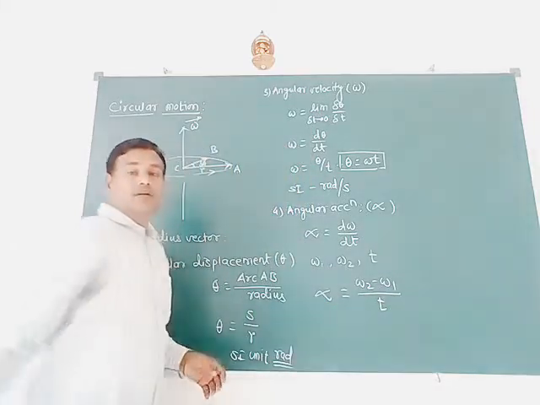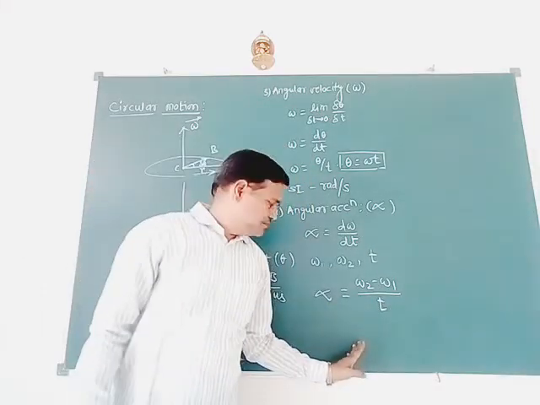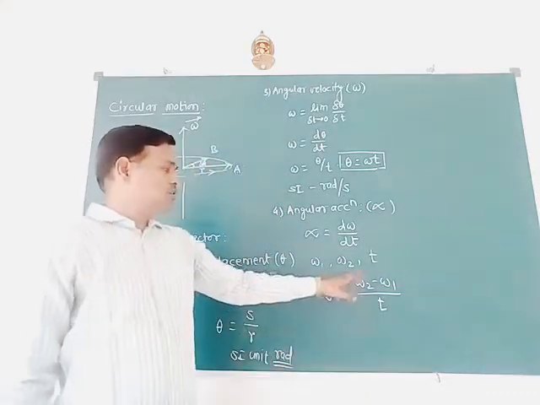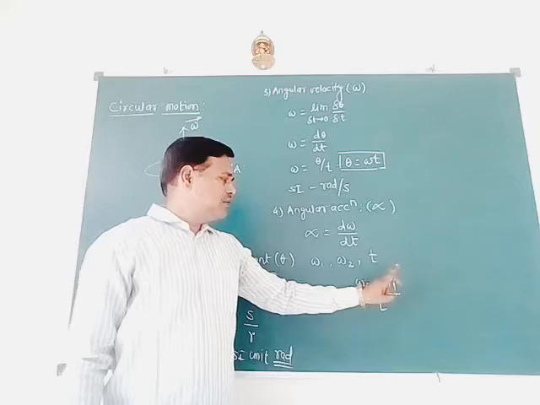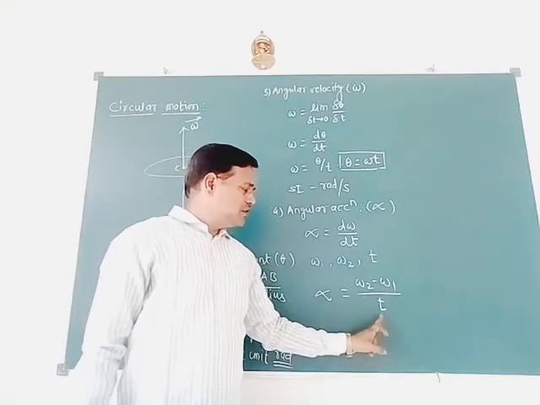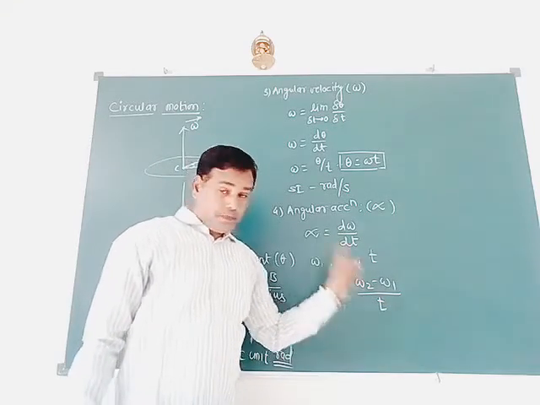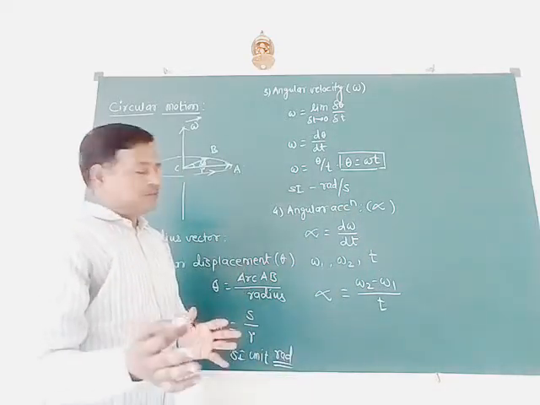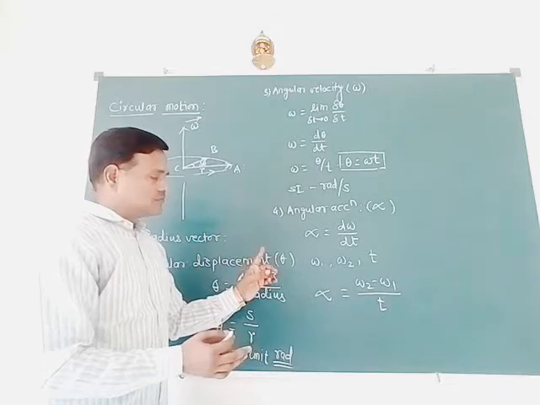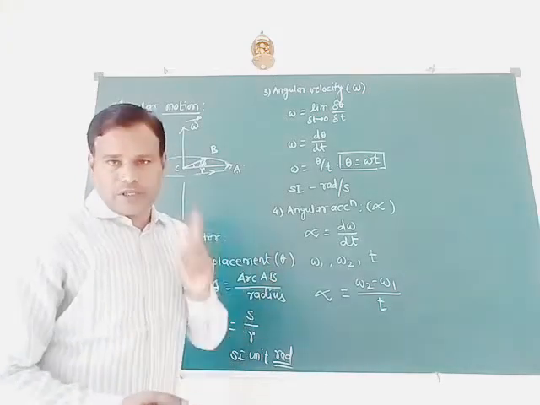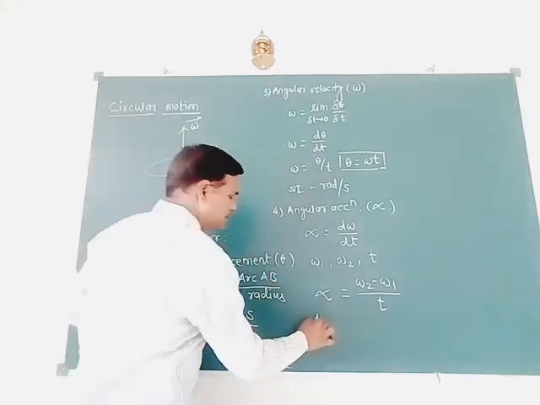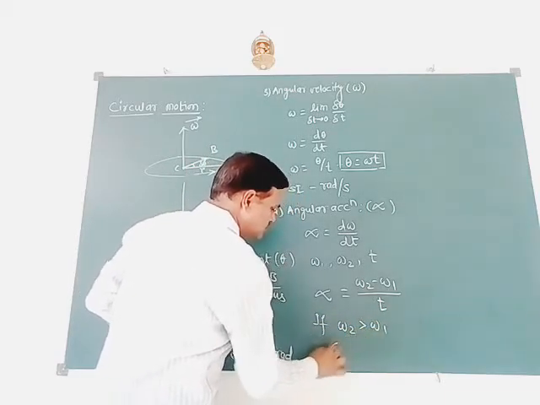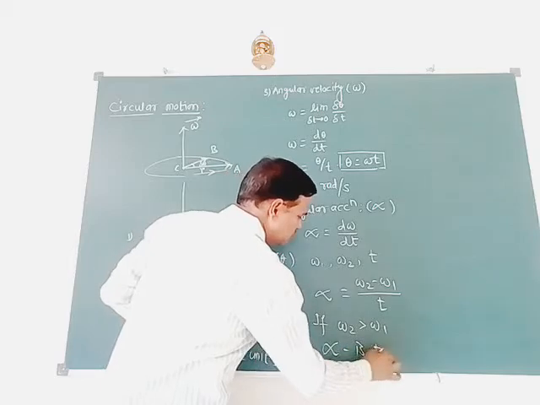This is again a very important relation: alpha is omega 2 minus omega 1 upon t, where omega 2 is the final angular velocity, omega 1 is the initial angular velocity, and t is time. Depending upon whether omega 1 or omega 2 is greater, acceleration is of two types. If omega 2 is greater than omega 1, alpha is positive.